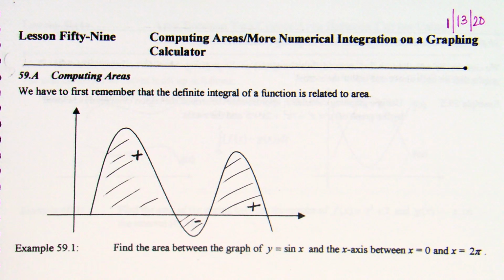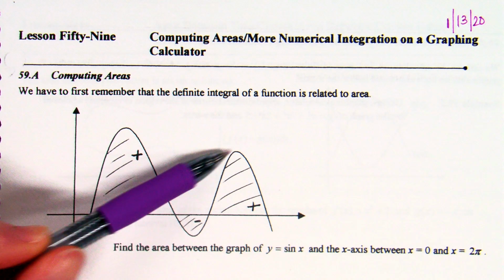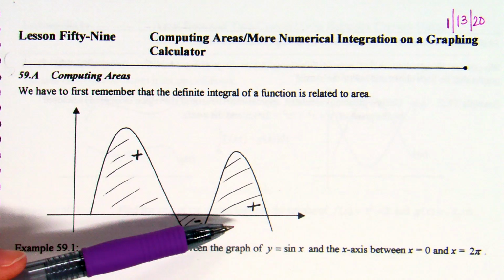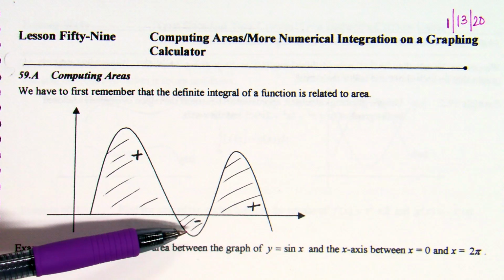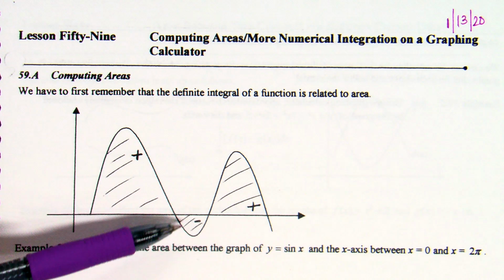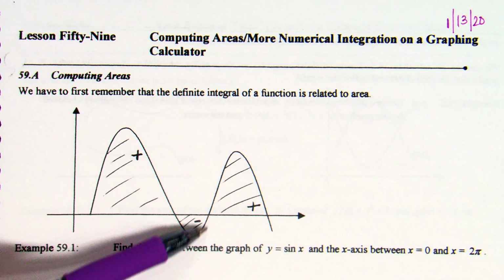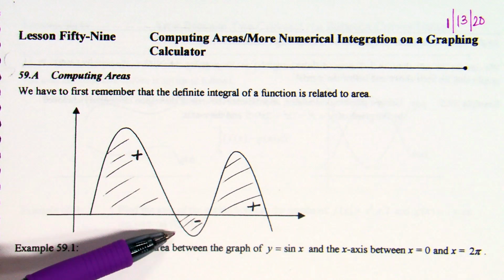As you look at this first graphed area, have we talked about how area, if it's above the x-axis, comes out to be positive? I think we have. And if it's under the x-axis, it comes out to be negative. So if I'm trying to find the total area of these three shaded sections, I can't just go area 1 plus area 2 plus area 3, because this area 2 right here is a negative.